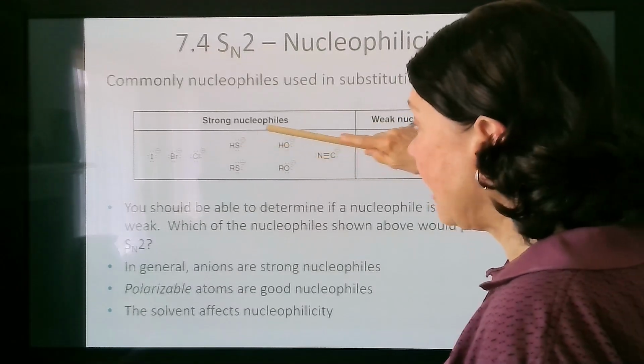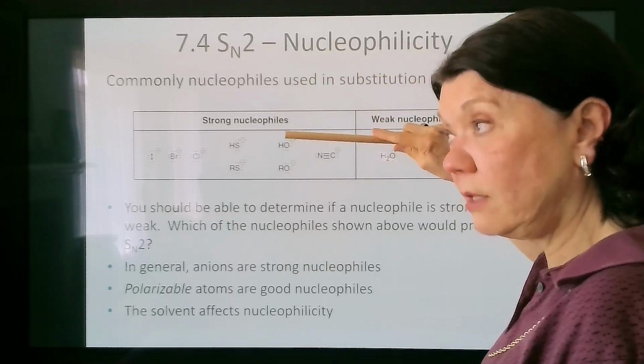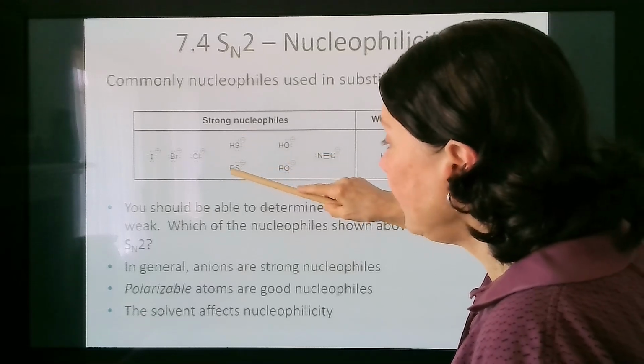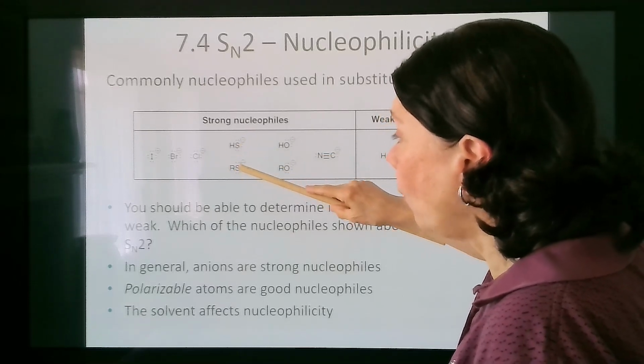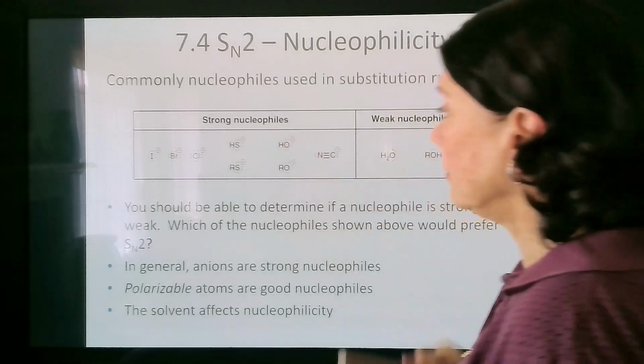So you're going to see that your hydrosulfide and your thiolate, remember, sulfur is in the same family as oxygen, but one below in the periodic table. And so the sulfur is going to be more polarizable than the oxygen.